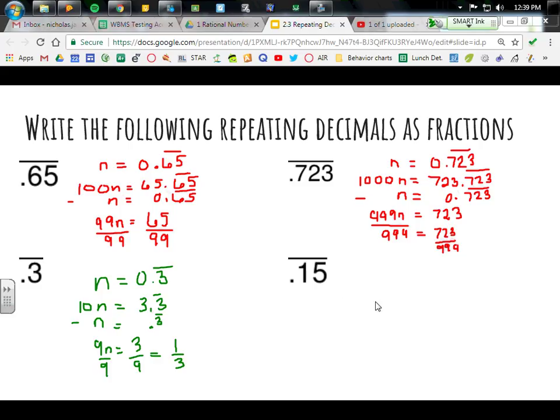Last one, 0.15 repeating. So n equals 0.15 repeating. I'm going to multiply by 100 since I've got two digits. Subtract my original equation.